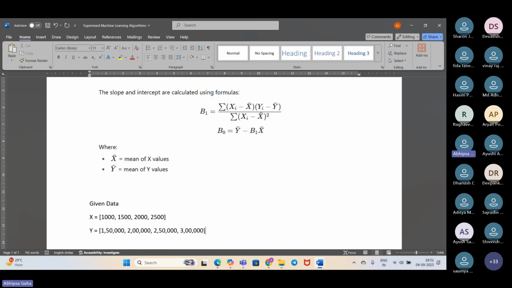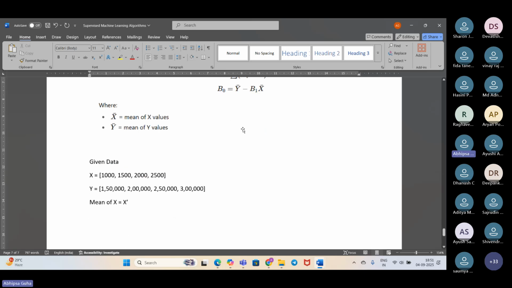So now I need to calculate the mean value, because I need x bar and y bar. Mean of x, I am denoting it with x dash, because putting a bar is difficult.